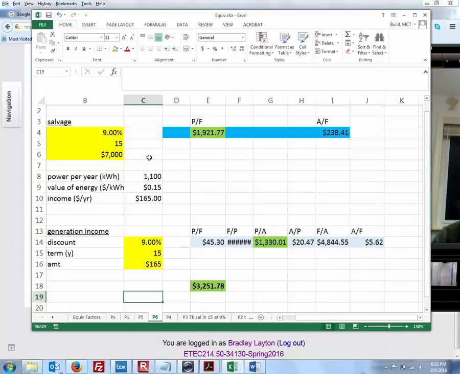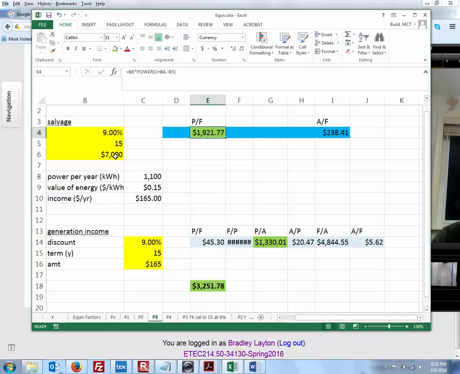I'm struggling with the fact that a PV array that's worth $7,000 in the future is only worth $1,922 right now. I mean, it seems to me as if it should be worth more now than it's going to be in the future. I'm just having trouble with the fact that its salvage value is worth more.